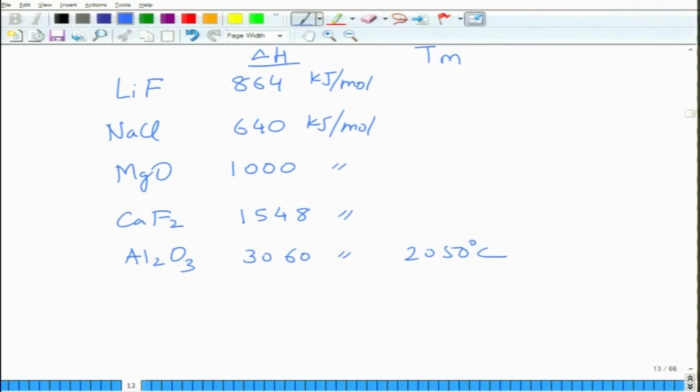So NaCl by this token should have the lowest melting point. Its melting point is 801 degrees centigrade. Lithium fluoride has 850 degrees centigrade. MgO has 2850 degrees centigrade and calcium fluoride has 1420 degrees centigrade.